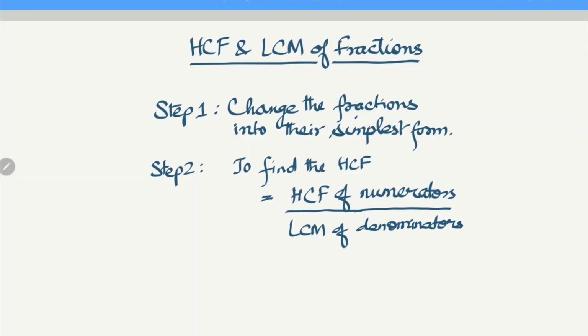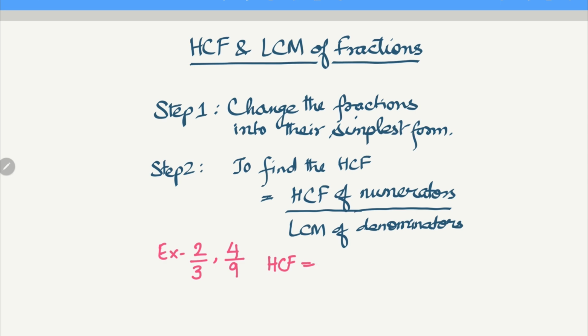Now, as we said, we break down the concept into simpler steps. So here we go. Step one is we change the fractions into their simplest form. For example, let's suppose we have the fractions 2 upon 3 and 4 upon 9, and we have to find the HCF of these two fractions. These are already in the simplest form, so we don't need to do anything.